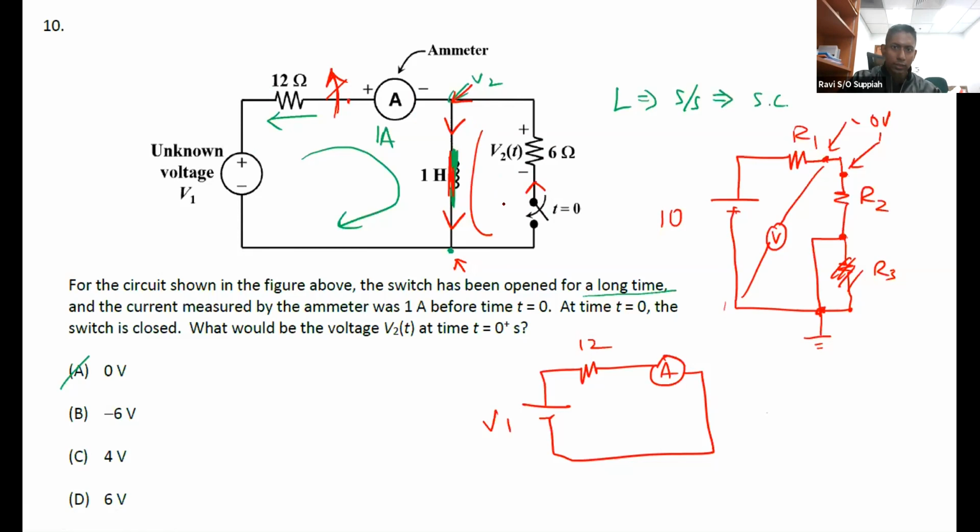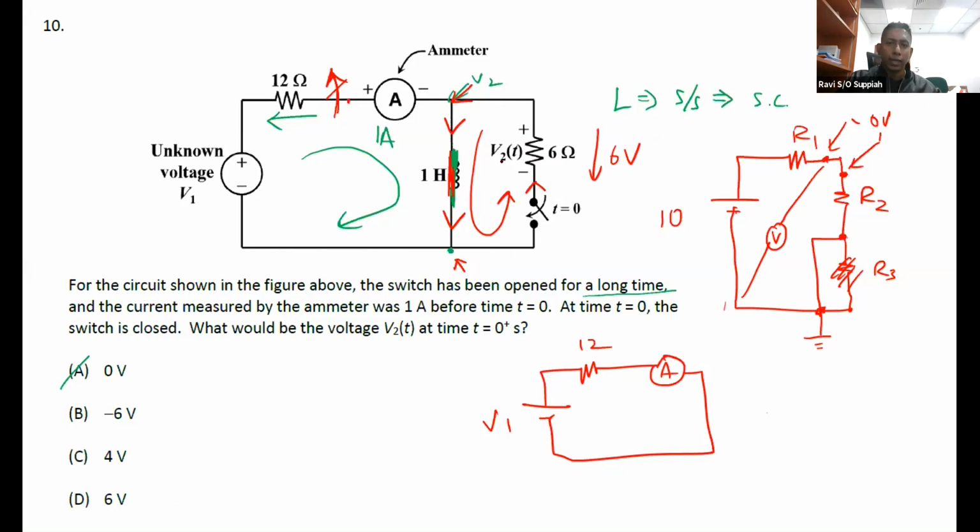So the voltage drop across this, if the current is 1 ampere, will be 6 volts in this direction. And whether it is positive or negative is because of the convention that is already drawn for us.